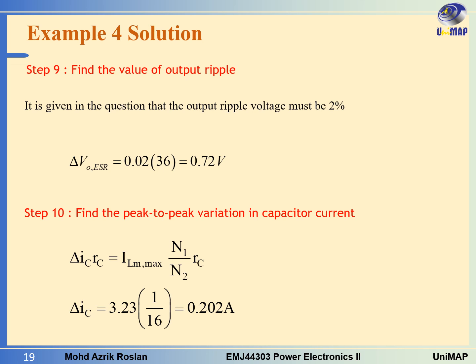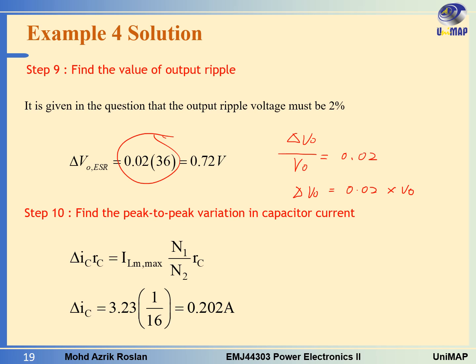In step number 9, it is given in the question that the output voltage ripple is 2%. So we know that delta V out divided by V out equals to 0.02. So to find the delta V out, it is equal to 0.02 multiplied by V out, which is what we do here, and the answer is 0.72.